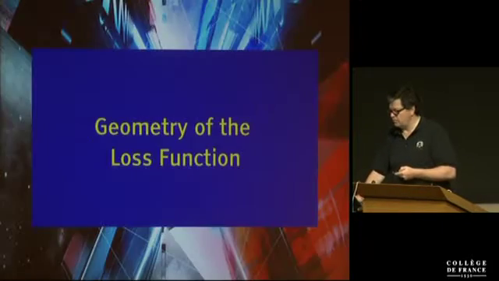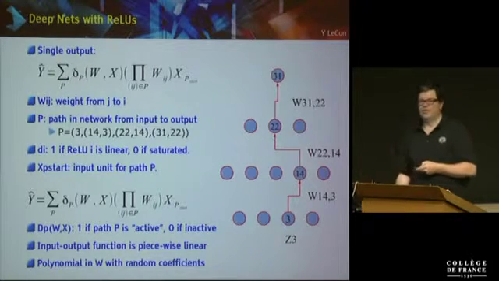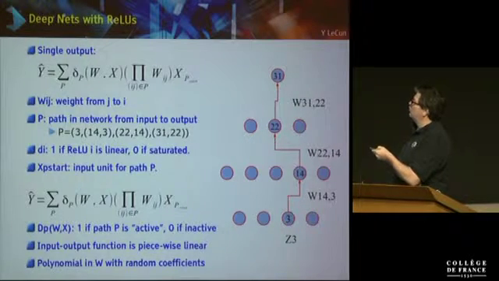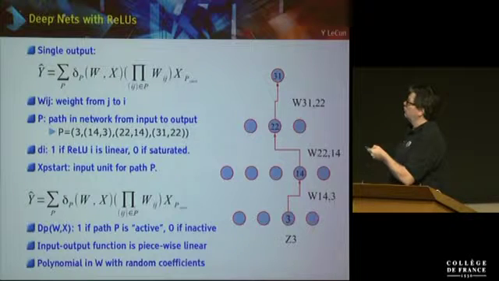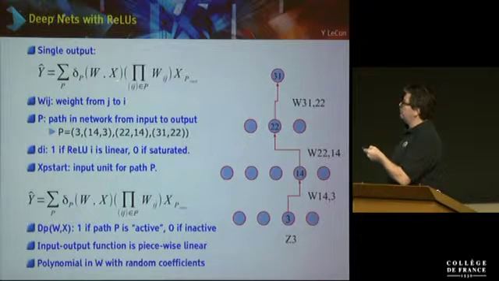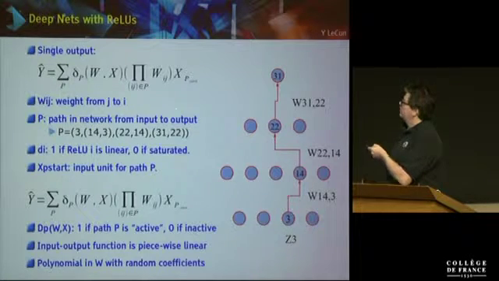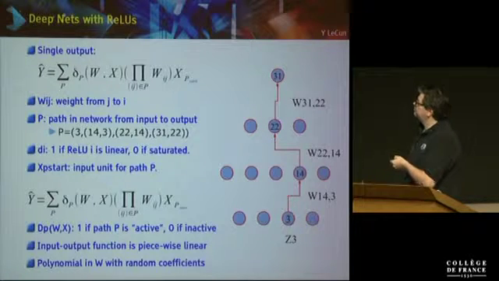So there is a sort of binary activation variable that will determine this, but we can write that the output will be the sum along all the paths of an indicator value, indicating if the path is activated, depending on all the weights and all the inputs, unfortunately, but we'll see about that later on, and then the product of all the weights along the path, and you multiply that by the corresponding input.